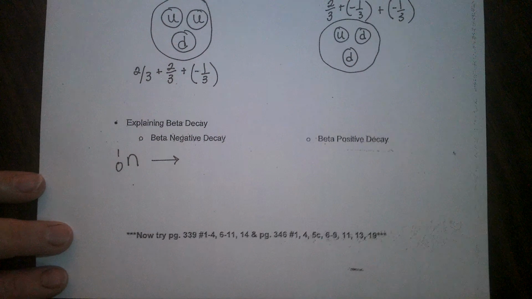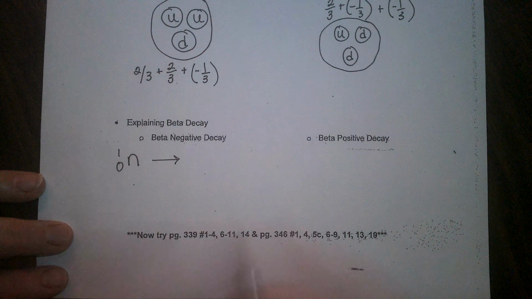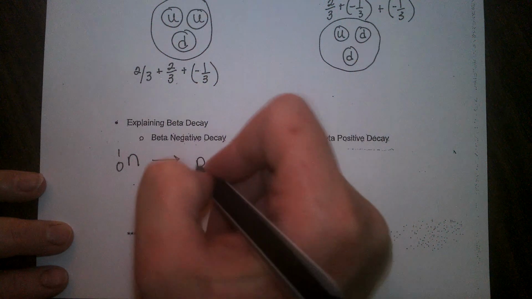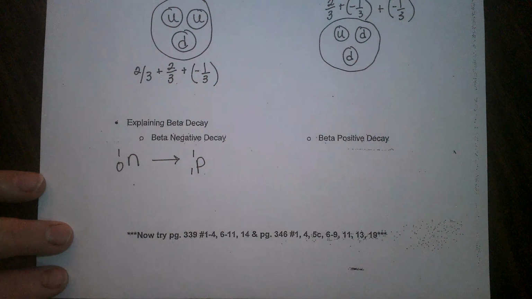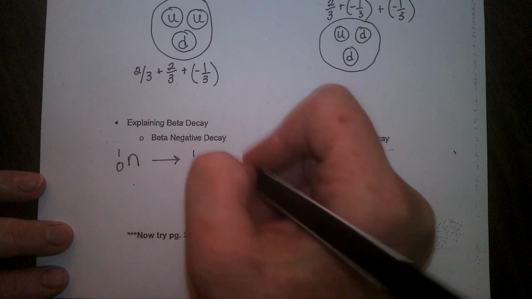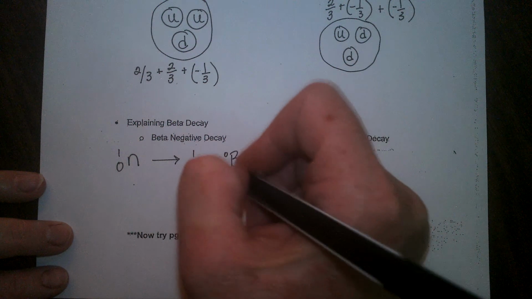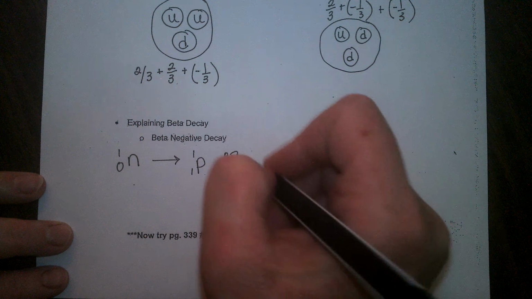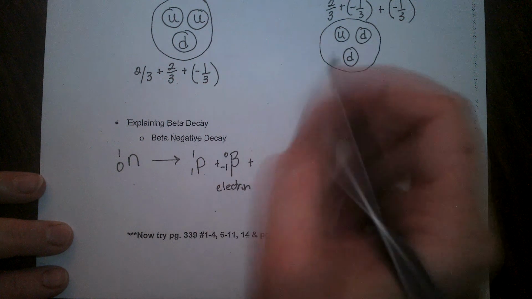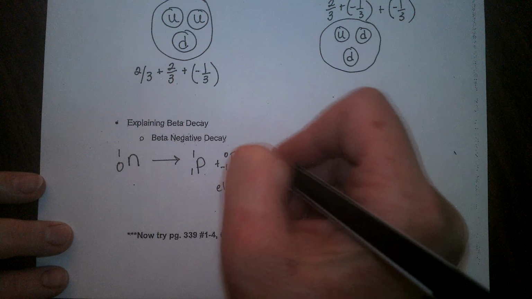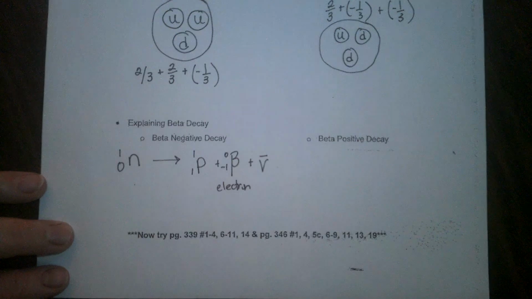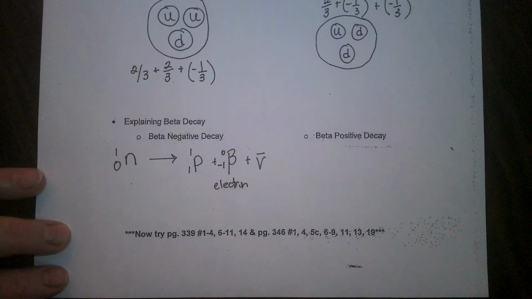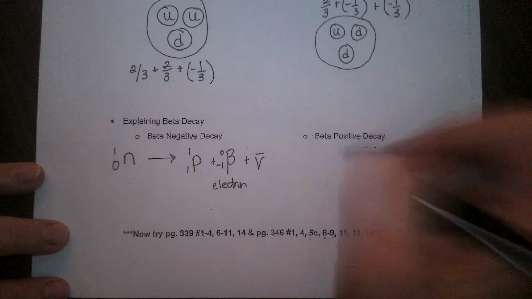What do we get from our parent cell? We get a daughter cell. And in this particular case, we get a proton. We get our electron. And we get an antineutrino.